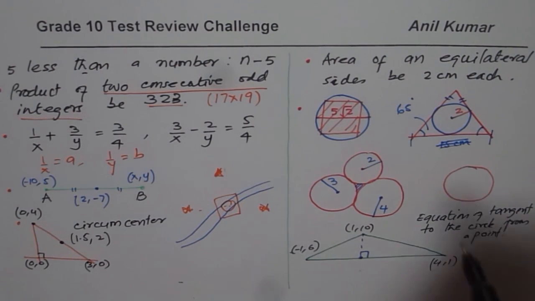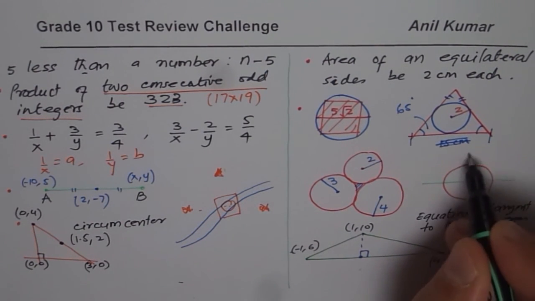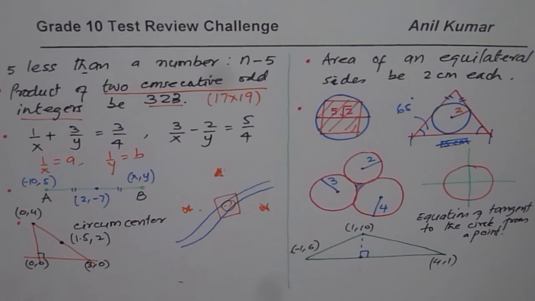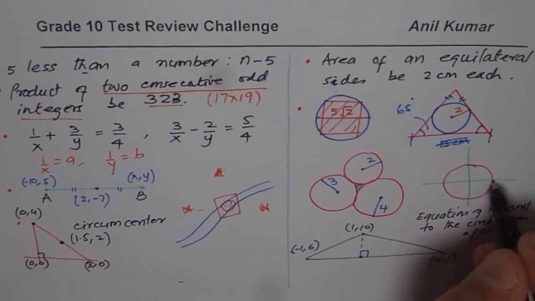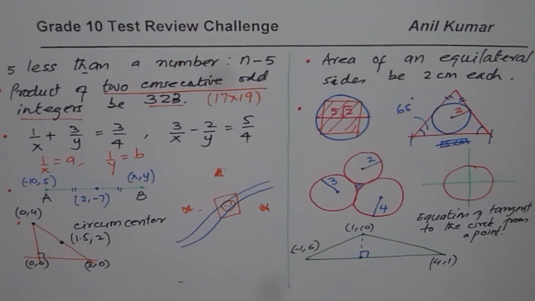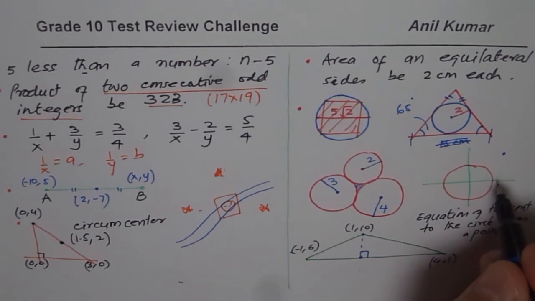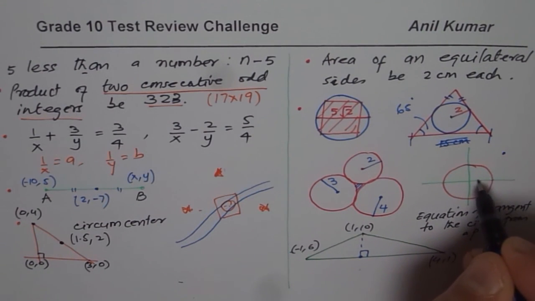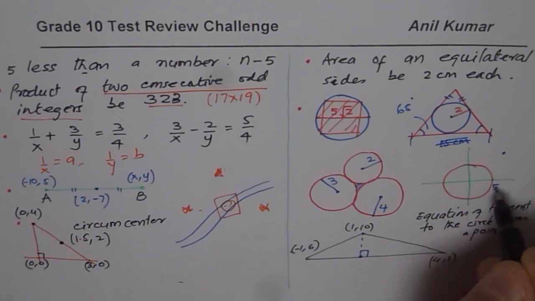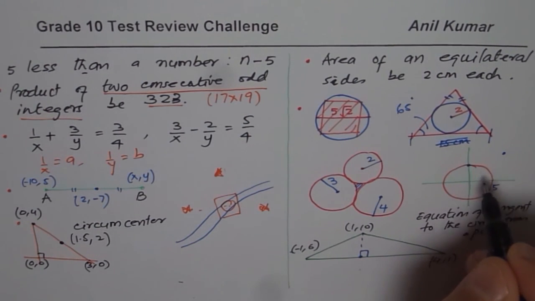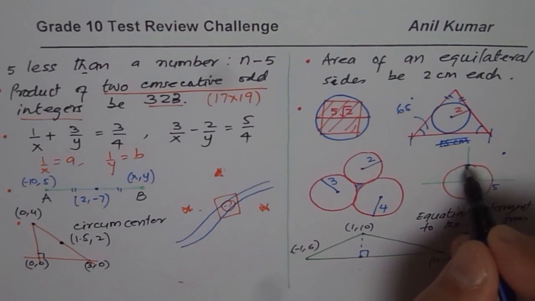And let us say, for simplicity, we'll take a circle which is centered at the origin, and if you know what the radius is, it becomes easier for you to solve, right? So you can take this question up, and let me take a point here. For example, let's take a circle whose radius is 5 units, right? So we know (3, 4) will be a point on the circle, since 3, 4, 5 is a triple.